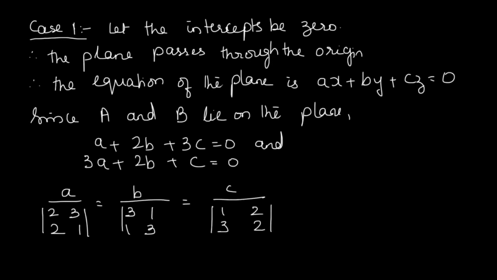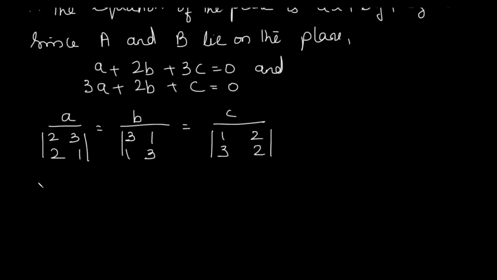Now solving them further, in this case A upon, now cross multiplying, it becomes 2 minus 6, that is minus 4, is equal to B upon 9 minus 1, that is 8, which is C upon 2 minus 6, that is minus 4.